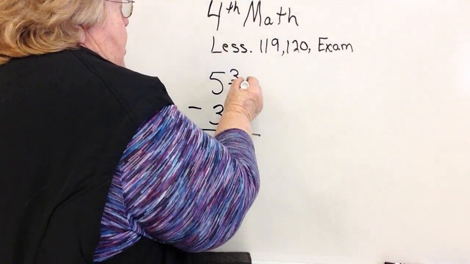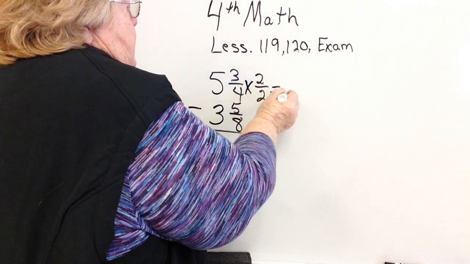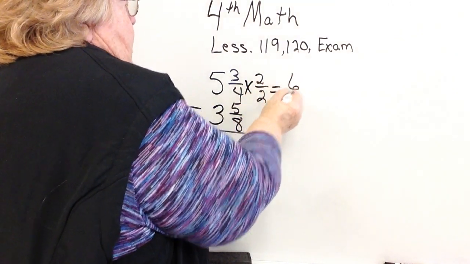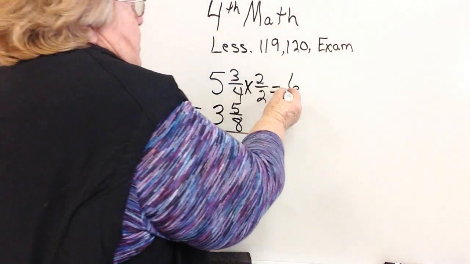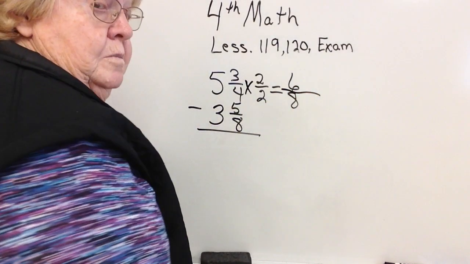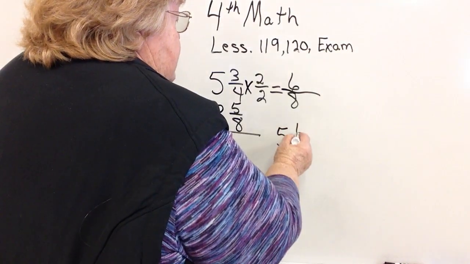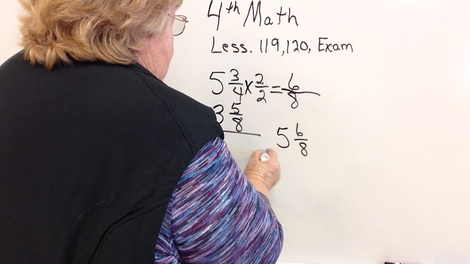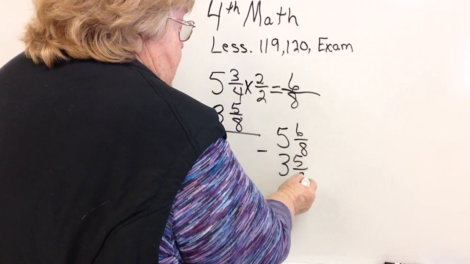So I'm going to multiply that by 2/2 because 4 times 2 is 8. And now I have 6/8. So now I can rewrite my problem and write it 5 6/8 minus 3 5/8.